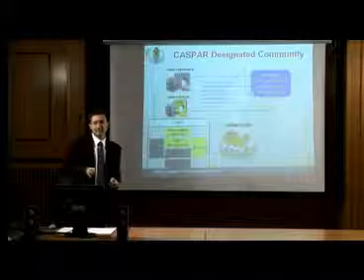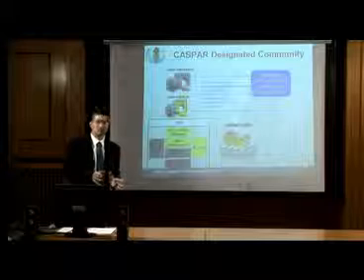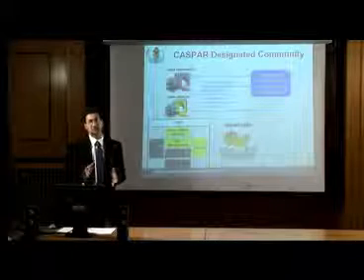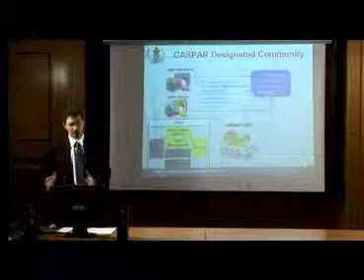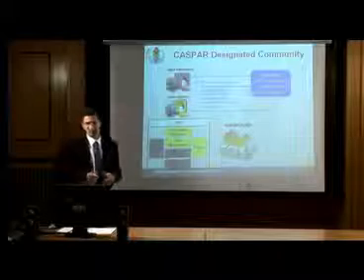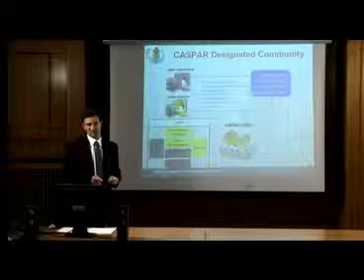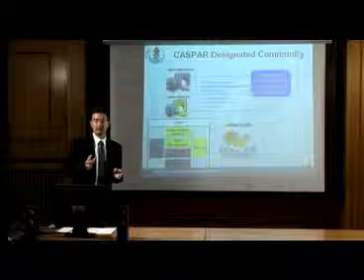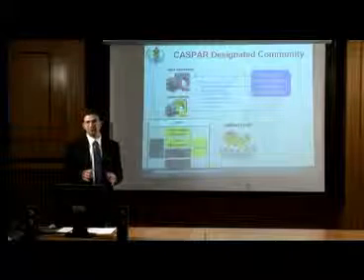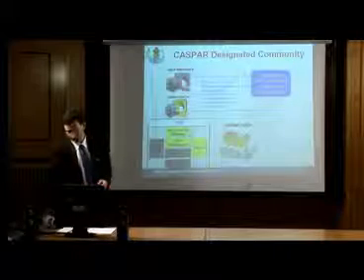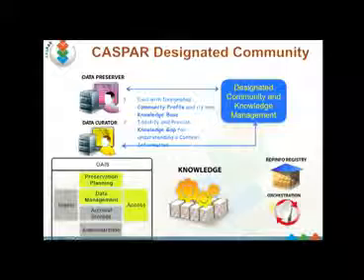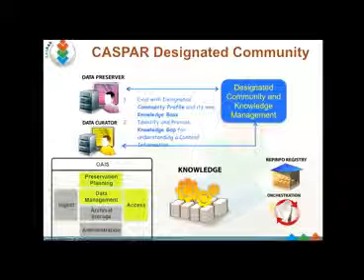And the system should be able to identify a gap between two different designated communities. In this perspective, we identify the knowledge management system, which is part of data management, access and preservation planning. Together with the representation information registry and the orchestration, it could be able to address these issues.